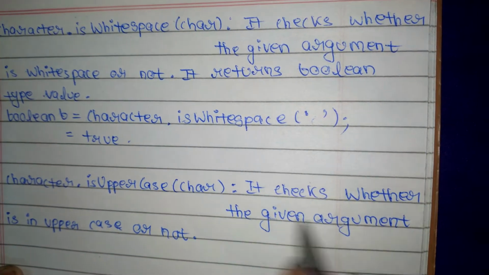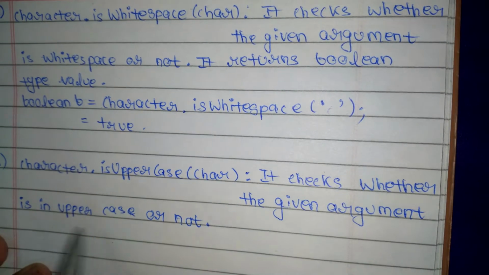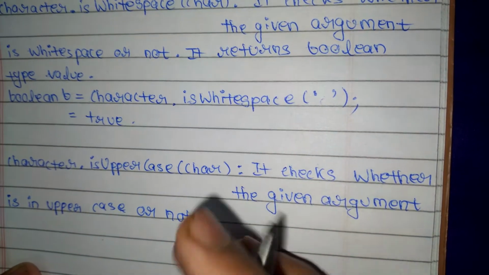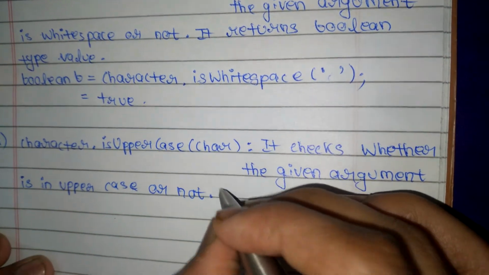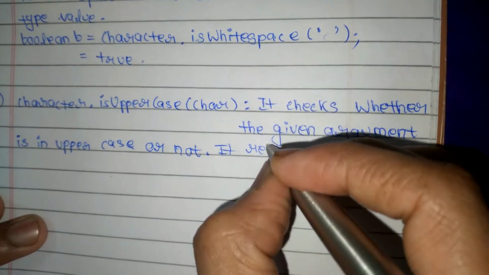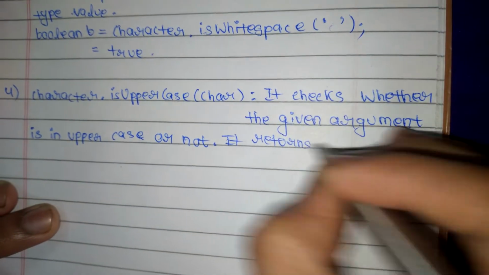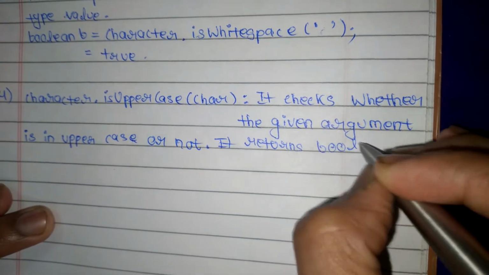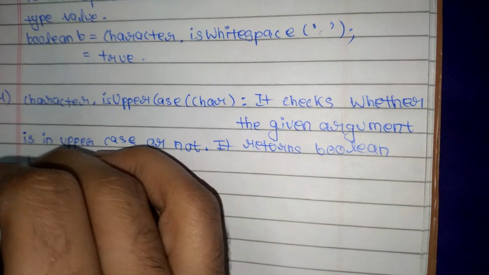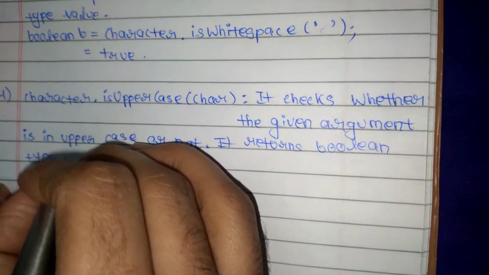It means the given argument's letter is in uppercase or in lowercase. Now it returns boolean type values.